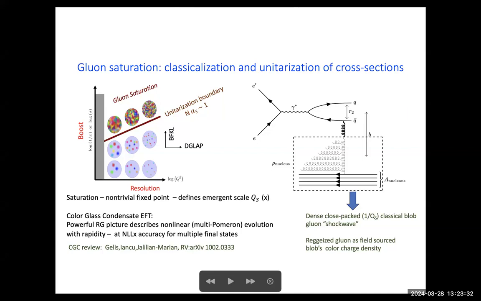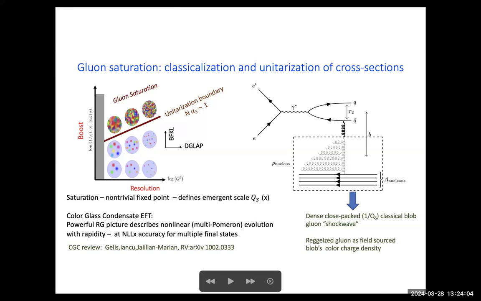And this is kind of a striking thing, because it's telling you that even in weak coupling, arbitrarily small sized objects in QCD will interact with unit probability at sufficiently high energies. Because the object that gets scattered off is so dense that, even though these are very weakly coupled objects, they scatter with lots of stuff. Each individual scattering is very weak, but they simultaneously scatter with a lot of gluons.